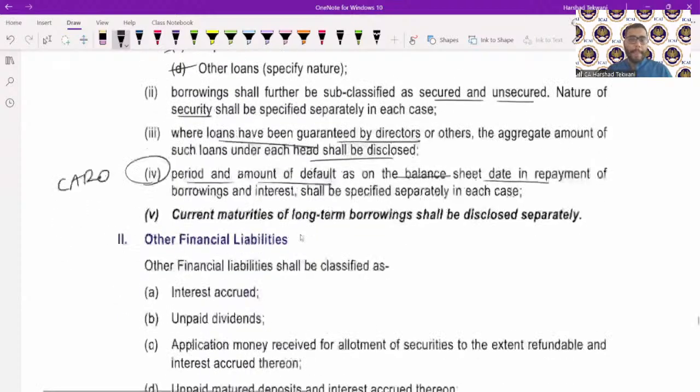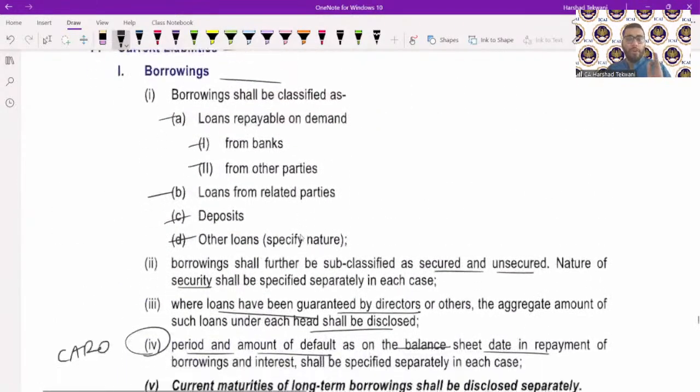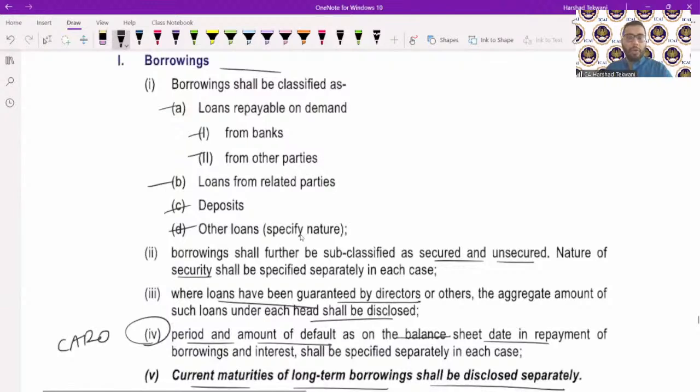Now, this is a new thing which is there, current maturity of long-term borrowings. Current maturity of long-term borrowings is now disclosed under the head of short-term borrowings, which is of current nature.